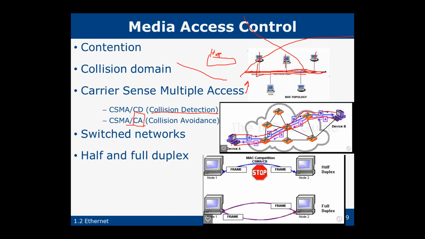On this one, we can transmit and receive at the same time. Half and full duplex: half duplex, we can transmit and we can receive, but we can only do one at a time. Full duplex, we can transmit and receive at the same time. Here we can transmit or receive, and down here we can do both at the same time.